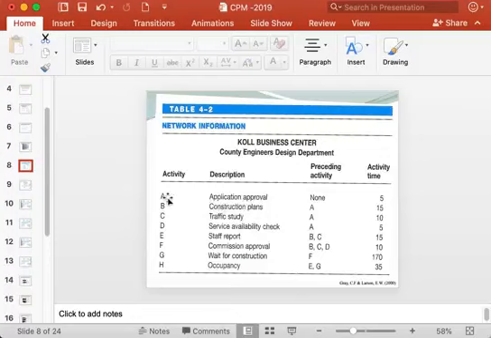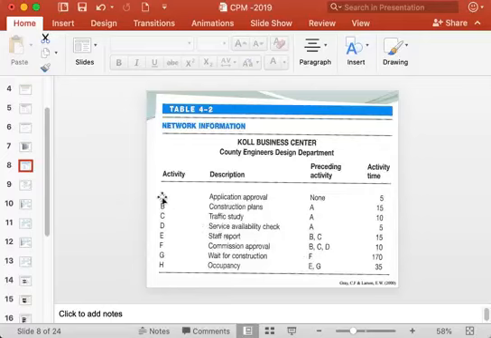And in order to start each of these activities, the activities that must be completed first are given in this preceding activity column here.